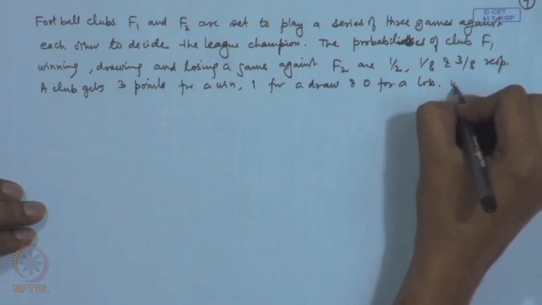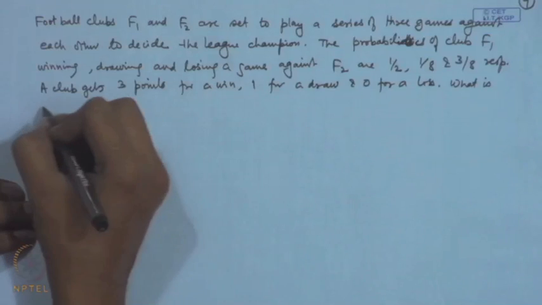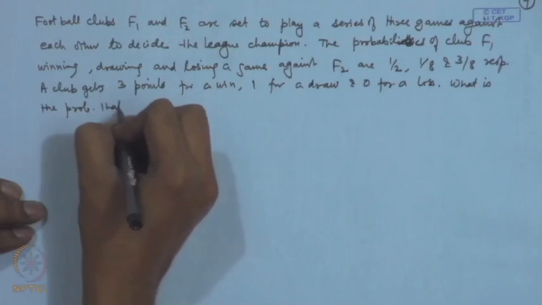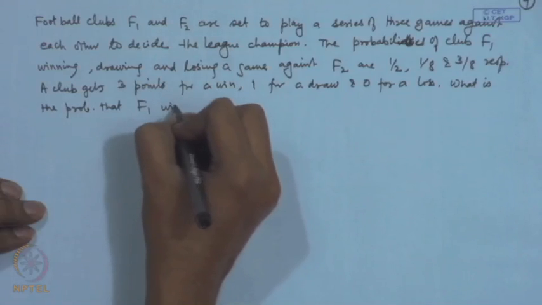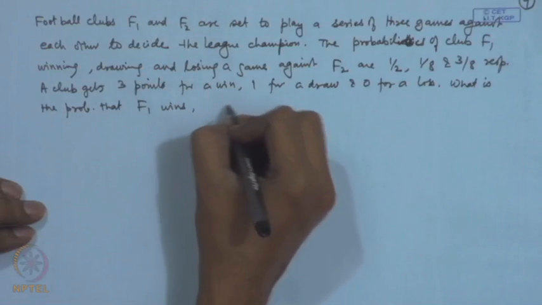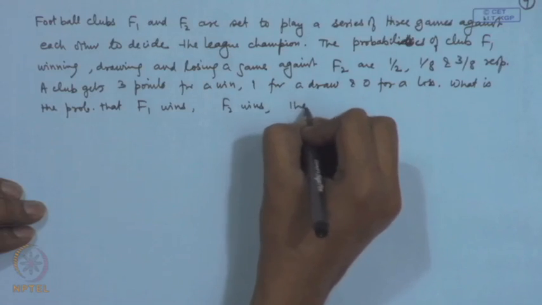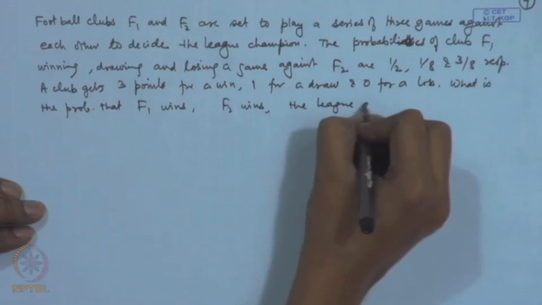So, what is the probability that F1 wins or F2 wins or the league ends in a tie?